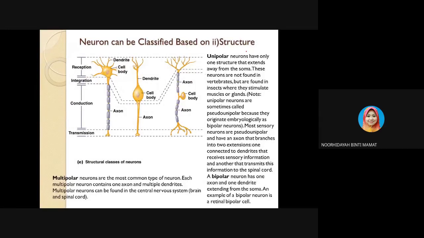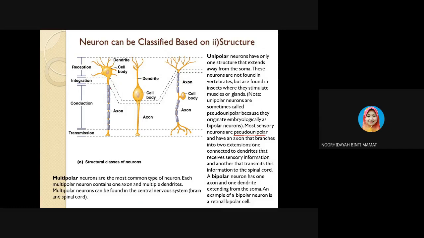We also have neurons that can be classified based on structure. The structural classes of neurons are unipolar, bipolar, and multipolar, and some are pseudounipolar. The unipolar neurons have only one structure that extends away from the soma.